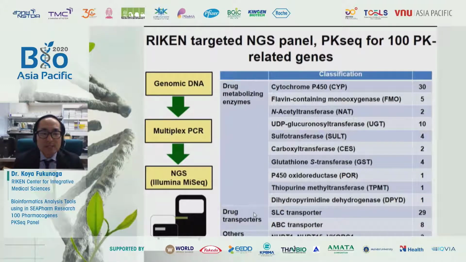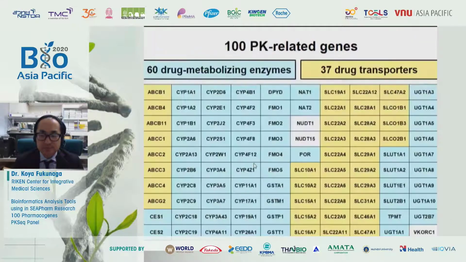Using multiplex PCR in combination with NGS, we can detect common and rare variants in all coding regions of the PK-related genes. This lists the details of 100 pharmacokinetic-related genes, including 60 drug metabolizing enzymes, 37 drug transporters, NUDT15, and VKORC1.